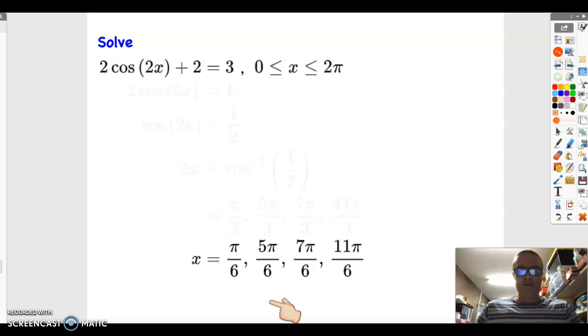So even though we found values between 0 and 4 pi on the unit circle, by the time we've divided everything by 2, we've ended up with 4 solutions that exist between 0 and 2 pi. 2 pi equates to 12 pi on 6, so 11 pi on 6 comes in just before that boundary. So there are our 4 solutions to this equation.